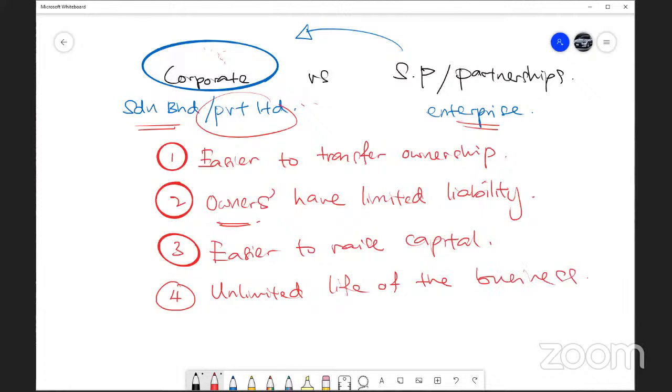A corporate will be there forever unless you close it, whereas an enterprise is on a renewal basis. If you never renew it, your company, your business, is gone. No more there. So these are the four advantages a corporate has over a sole proprietorship and partnership.